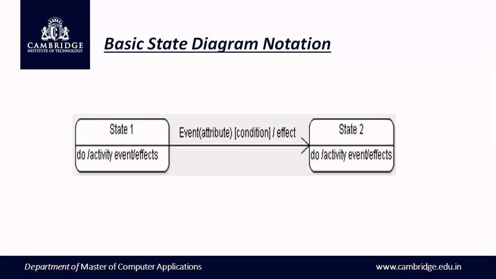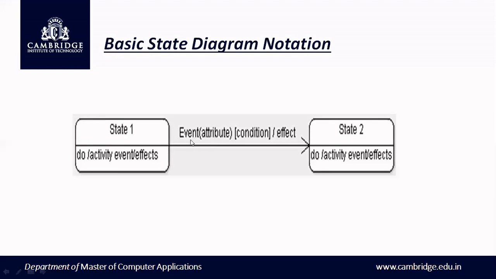States can be represented using a rounded rectangle, and in the second compartment we can specify the activities, and then the events or the effects. Effects are nothing but the result of this activity. That is called the effects here, right?